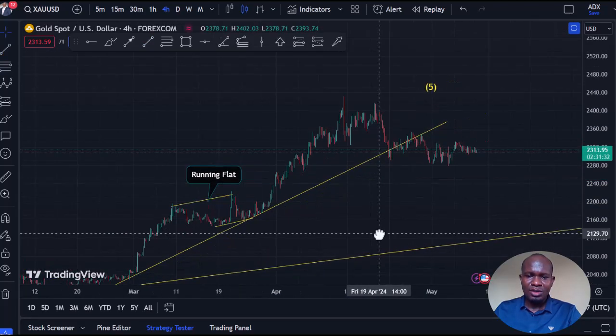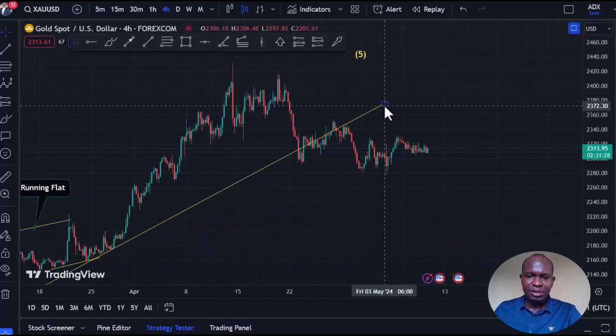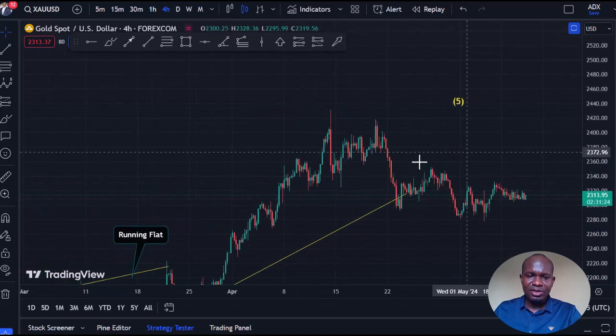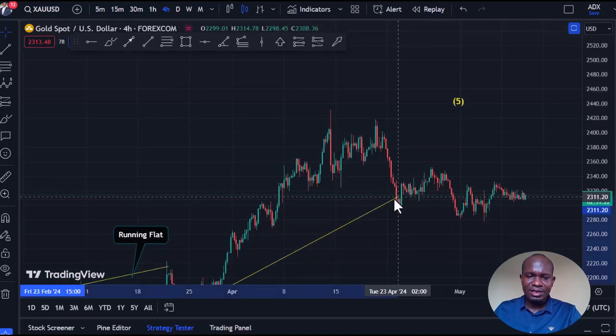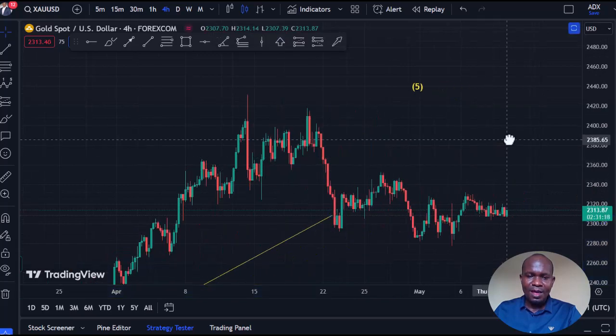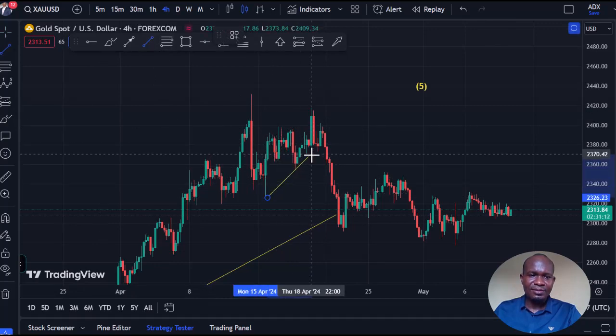Okay, so let's demystify this correction here. From this correction on the 4 hours chart, what pattern can we see? We can see a clear three-wave move, regular flats.